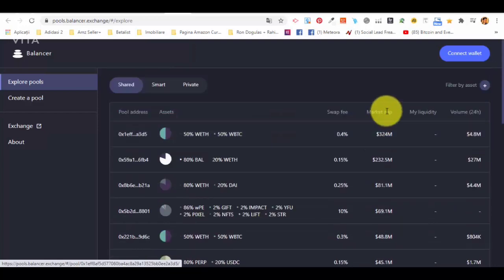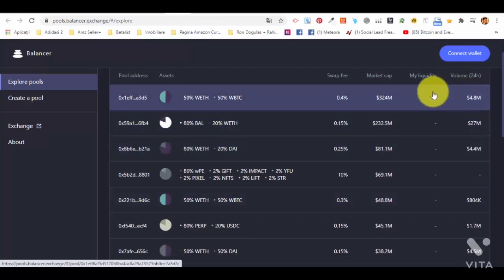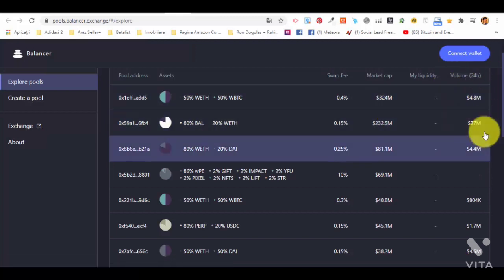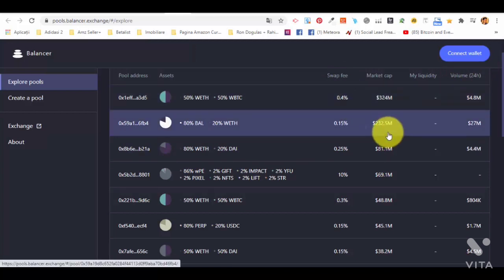You can check out the fees, the market cap for each pool, and the volume. Obviously, you will want to choose, based on what we think, by the volume, the swap fee, the percentage you can earn, and the market cap.